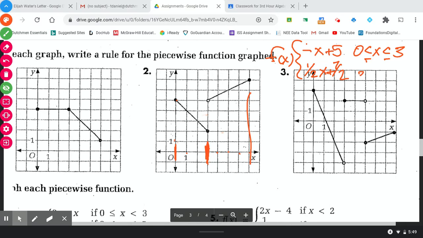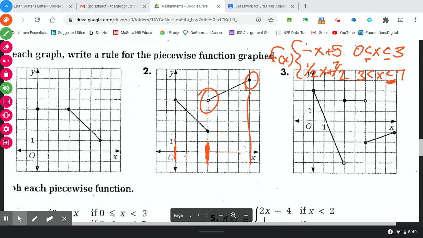So between 3 and 7. So x is going to be greater than 3, but not equal to, because notice it has an open circle there. But it is less than or equal to 7 because it has a closed circle. So we put that on the bottom there for the 7. All right, so that's your piecewise function for number 2.